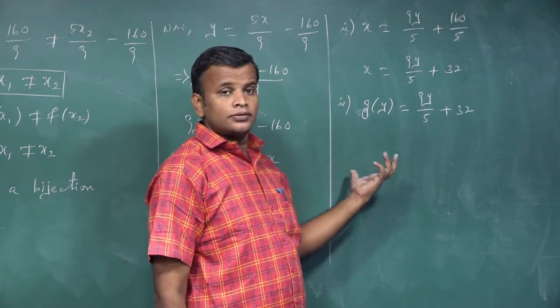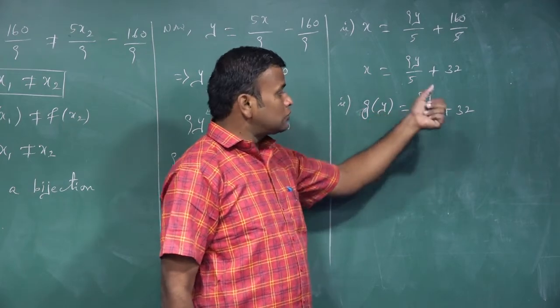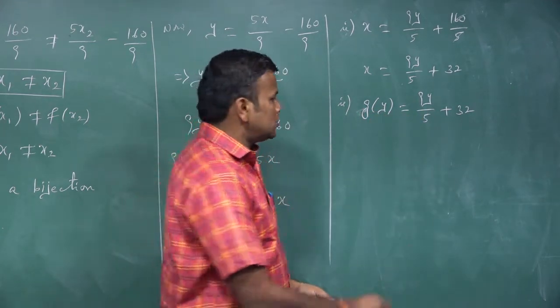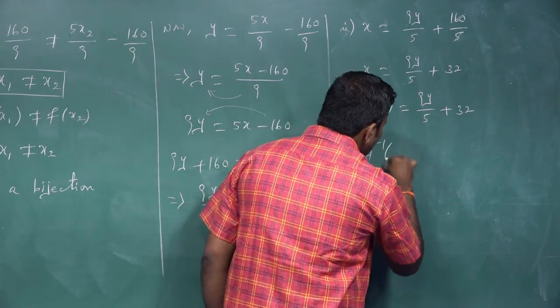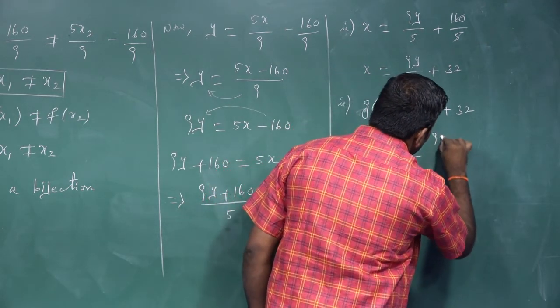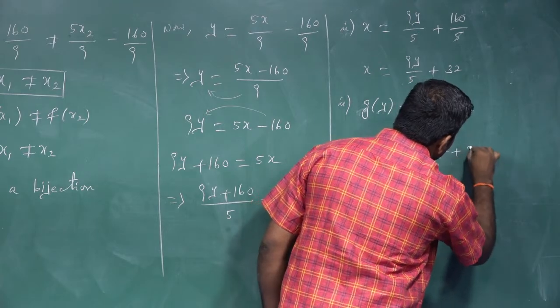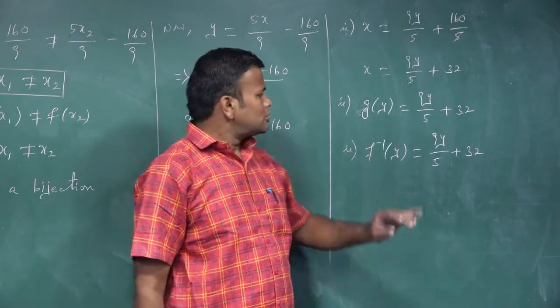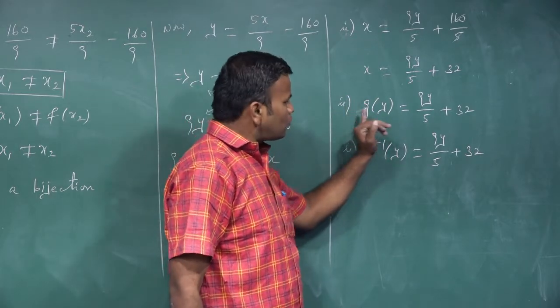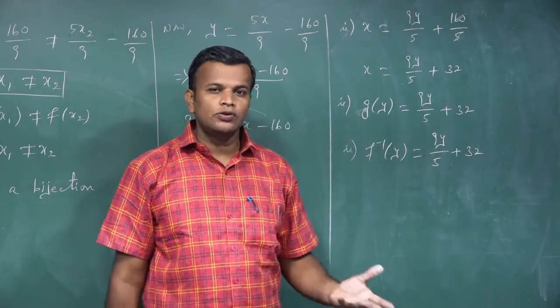It's another function. So g of y is the inverse of f of x actually. That is, f inverse of y is equal to 9y by 5 plus 32. Whether we take it as g of y or f of y, next we also say it is f inverse of y.